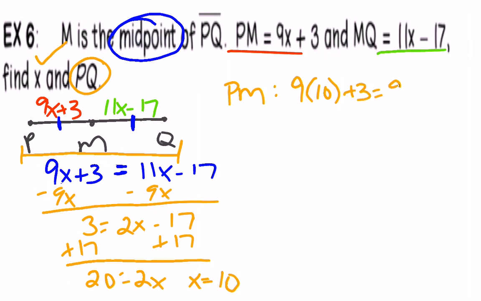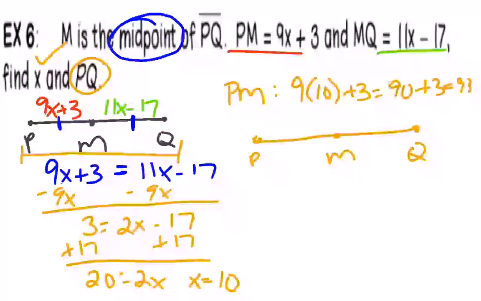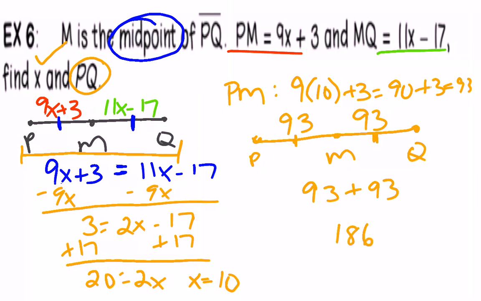So 9 times 10 is 90, plus 3 is 93. I'm going to draw my diagram again just so we can see where this is coming from. We have P, M, Q, and I just found that PM is 93, and since M is the midpoint, that means MQ is 93. I can add those together, or I can multiply by 2 if I like that method better, and get 186.